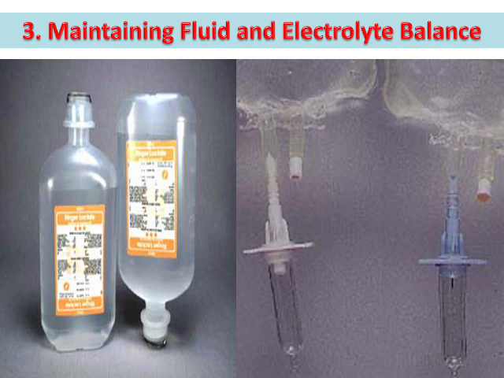So if a child is on NPO, remember that for the first 24 hours, we usually give D10 water. But if a child is still on NPO after 24 hours, that D10W should be replaced with D5IMB with other minerals. That is to prevent electrolyte imbalances.